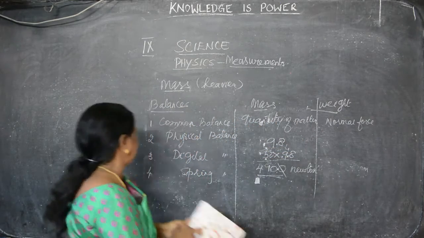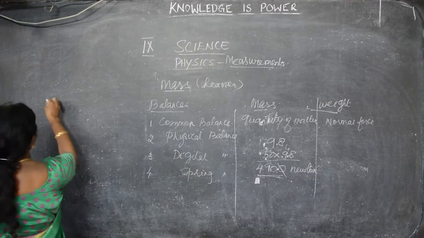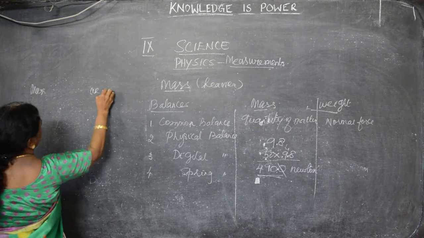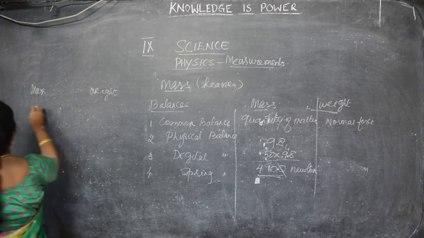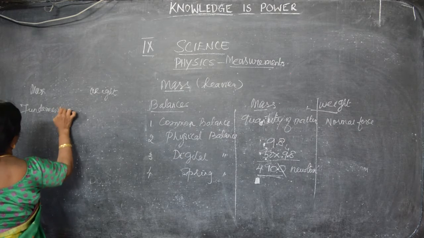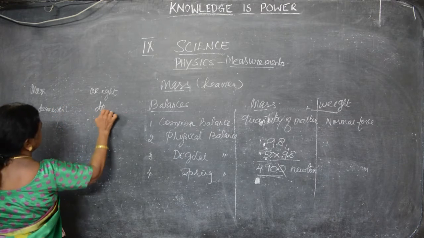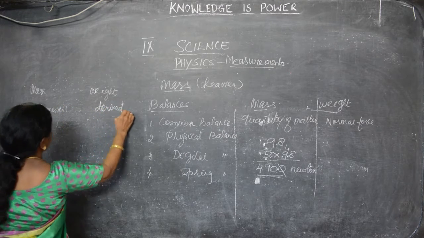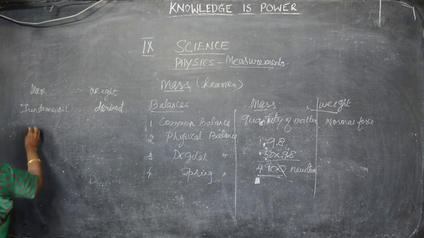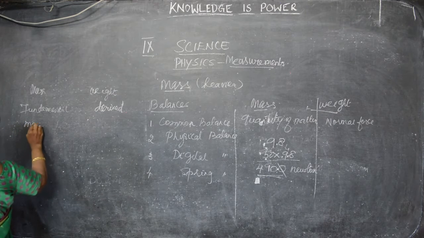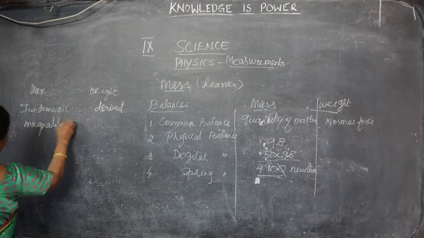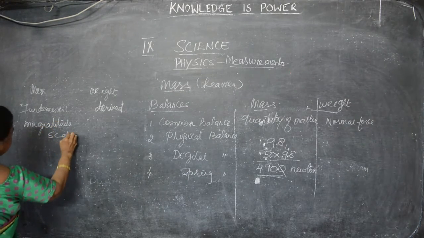Weight is a derived quantity. Second, mass has magnitude only, so this is a scalar quantity.